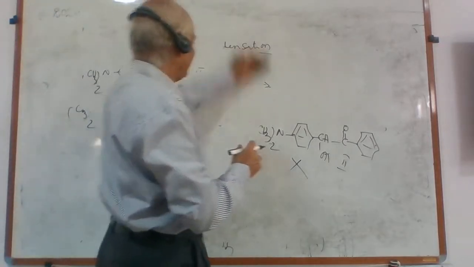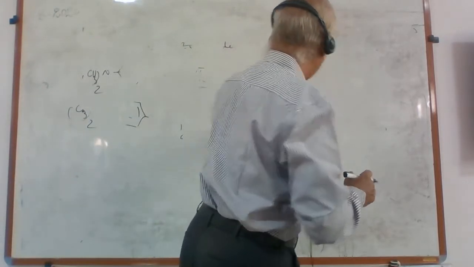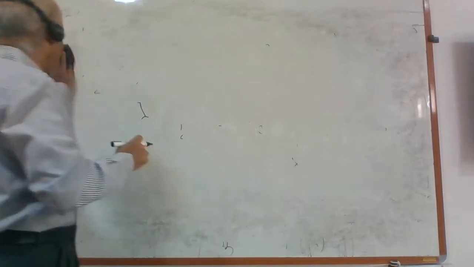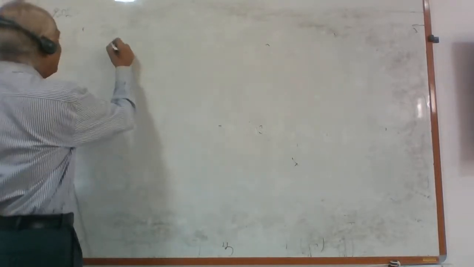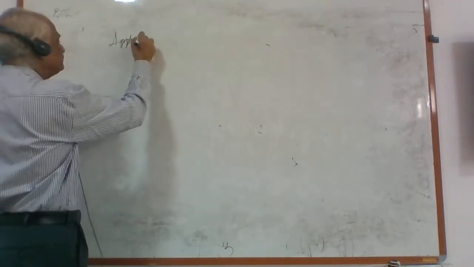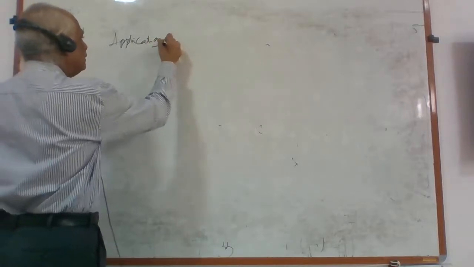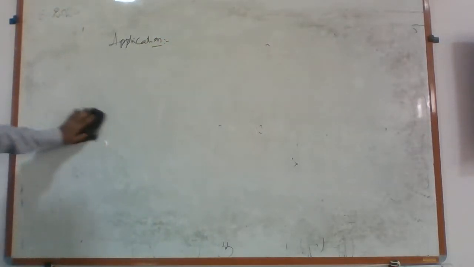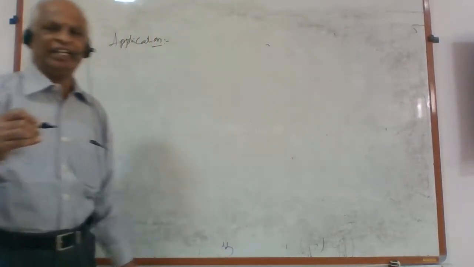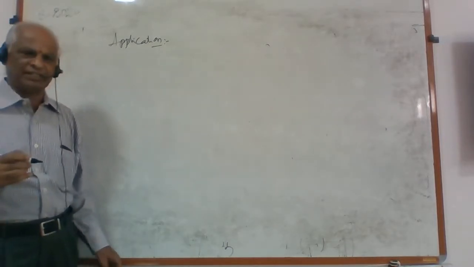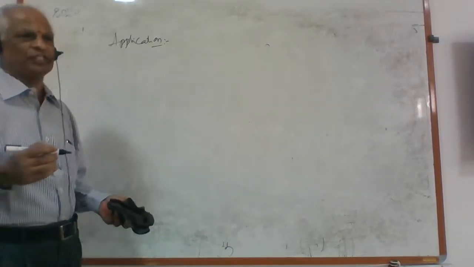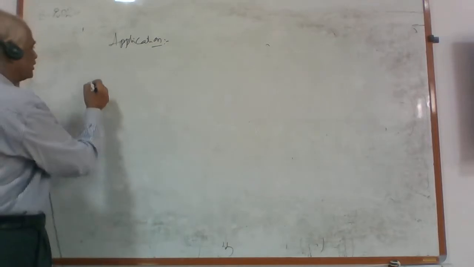Now let us see a simple application of the benzoin condensation reaction. Application. The benzoin condensation reaction is very useful as far as organic synthesis is concerned, and it finds use because of its further transformations.